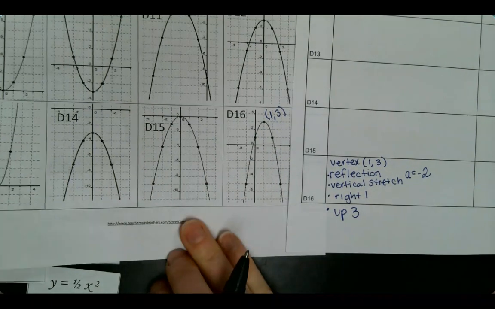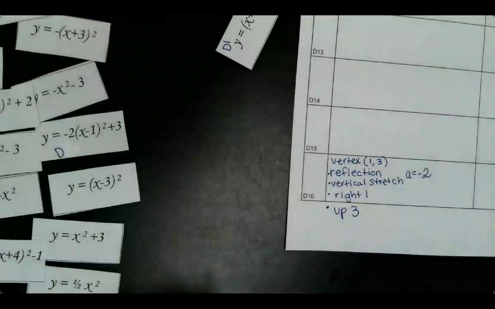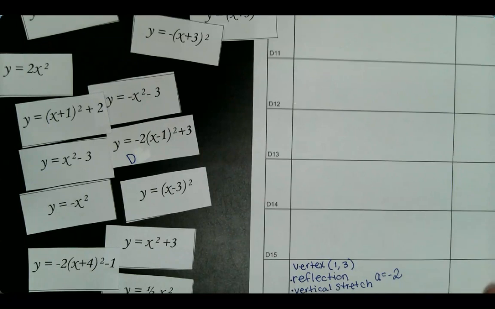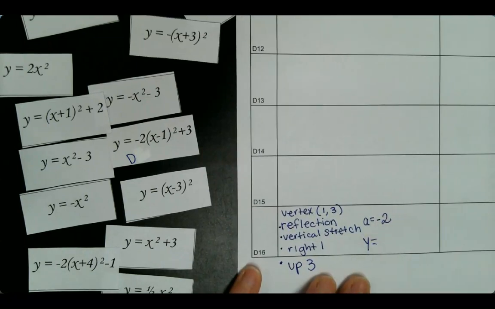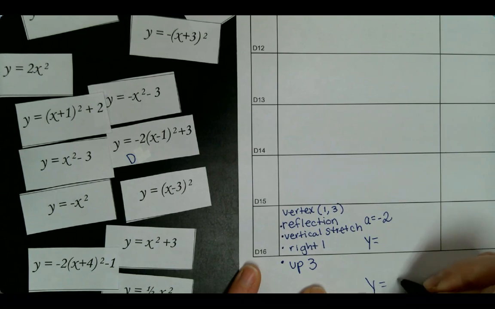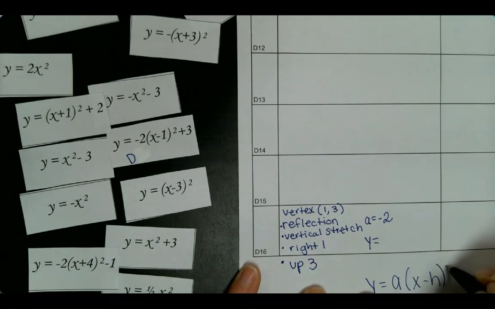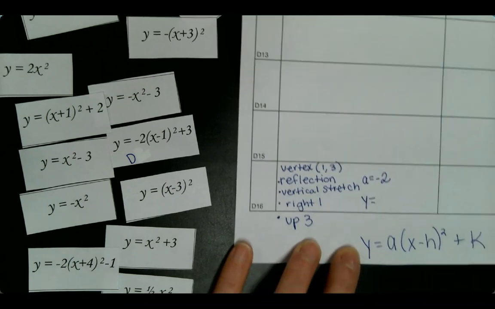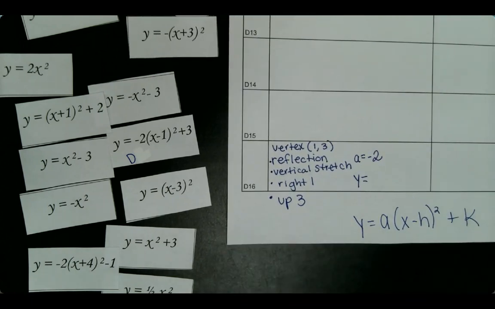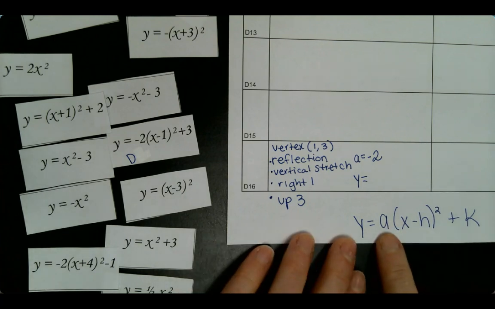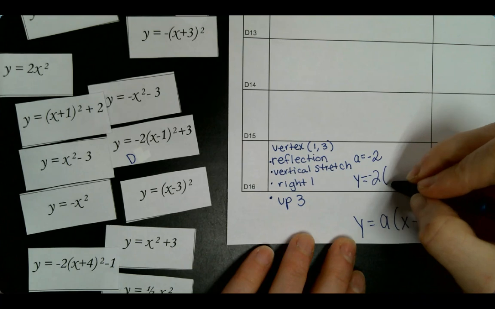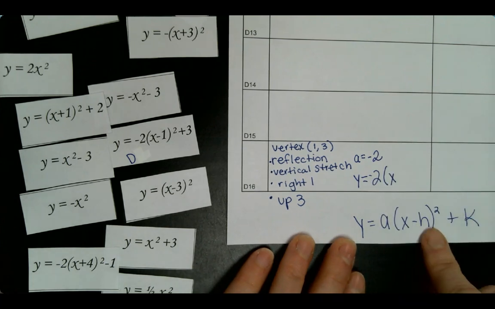All right, so look at your answers that you're looking through, all of these. Oh, we haven't written the thing. Y equals, let's write it down here. A times (x minus h) squared plus k. That's going to help us. Okay, because it's a reflection, A is -2, parentheses, x. The h does the opposite.